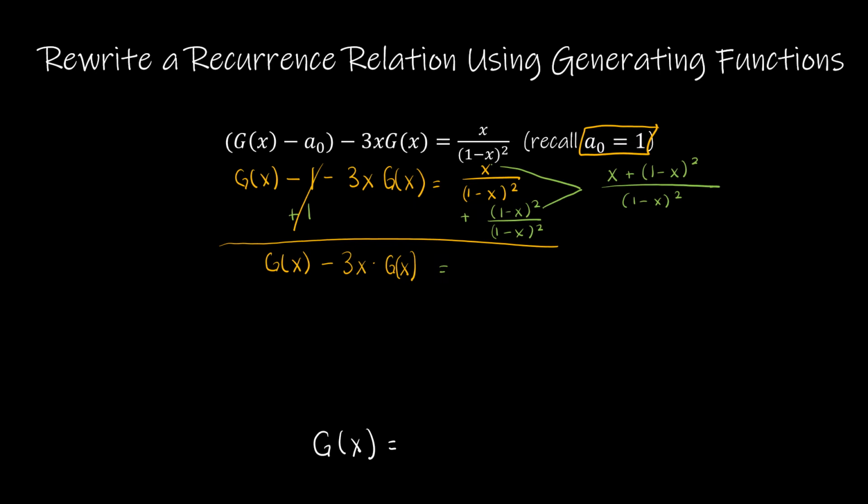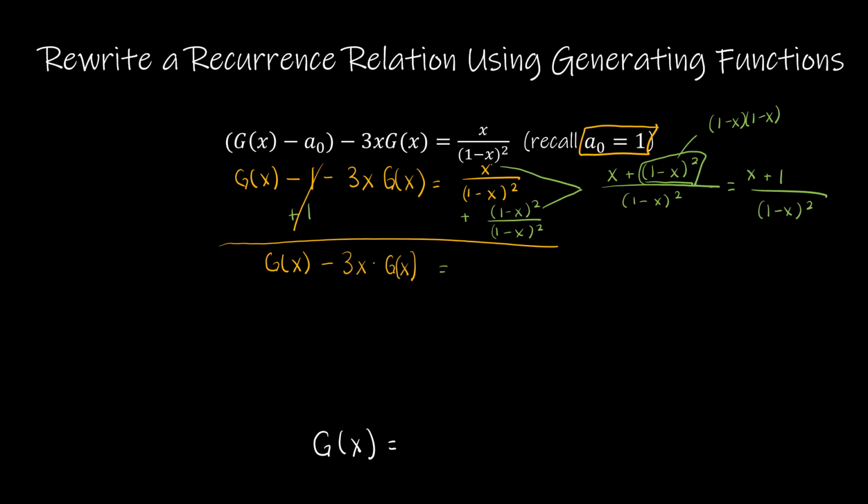Now, I want to keep my denominator exactly as it is, so don't be tempted to multiply that out. However, in my numerator, I do need to be able to combine like terms. So I'm going to go ahead and find what is 1 minus x quantity squared and replace it right here. So what is 1 minus x quantity squared? Well, I would get 1 times 1. So again, I'm just thinking of this as 1 minus x, 1 minus x. I don't want to lose you along the way. 1 times 1 is 1.